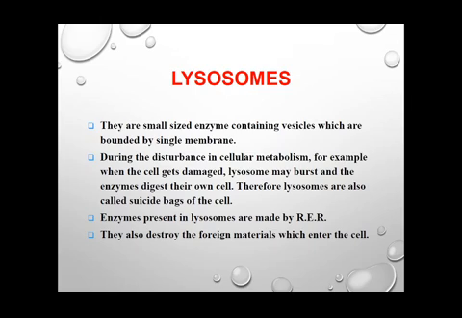Now, during a disturbance in cellular metabolism, like if something goes wrong inside our body, some wear and tear is going on, or certain cells get damaged, then what happens? These lysosomes can burst, and after bursting, they digest the content of that particular cell.